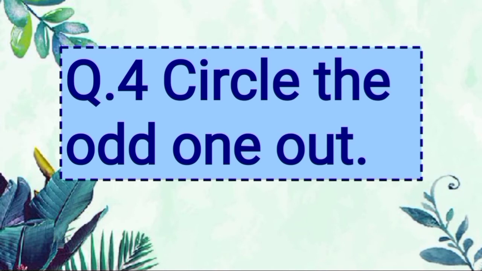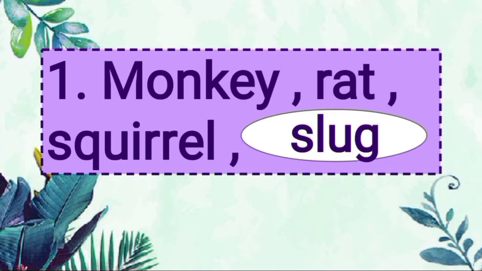Now let's understand and write question 4. Circle the odd one out. First word monkey.